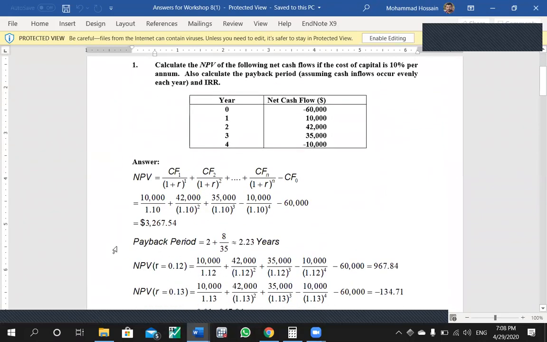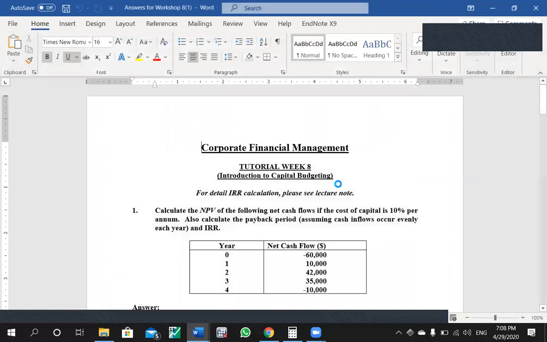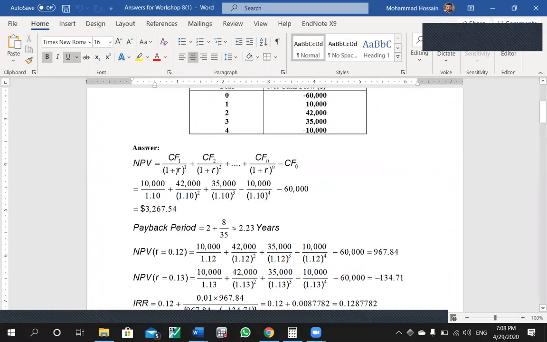Yeah, the payback period is 2.23, that is fine. Another thing: if you look here, net present value, how much is the net present value?